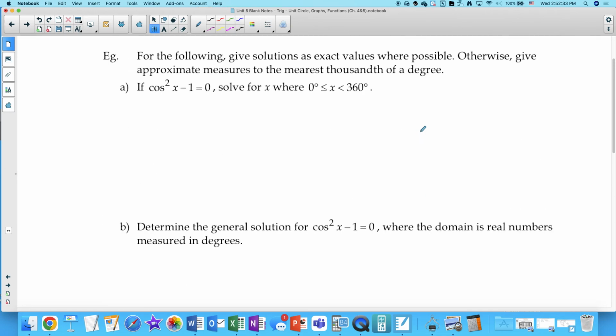Okay, where would you start? Isolate cosine. Oh, wait. It's quadratic, yeah. Right? So what are we going to do? Factor, yeah. This is a difference of squares, right? Think of it as cos x squared minus 1 equals 0. So these are both perfect squares.